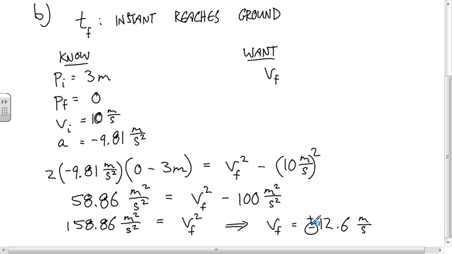So the most common thing that people do is they think, well, on the way up the acceleration is positive 9.81, and on the way down the acceleration is negative 9.81. But think about what's happening when the object's going up. Its velocity is positive, and you know from experience that it's slowing down until it gets to the highest point.